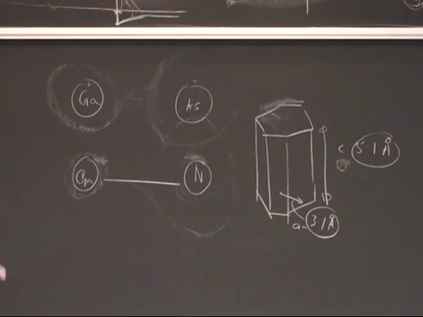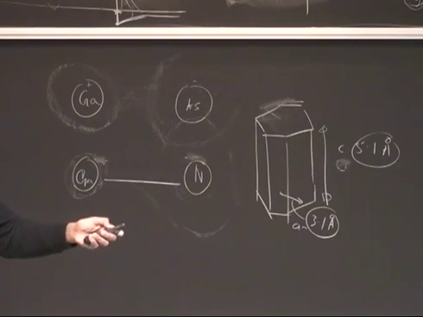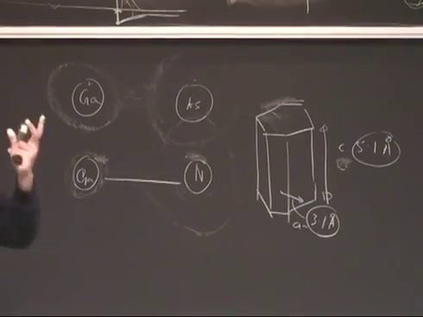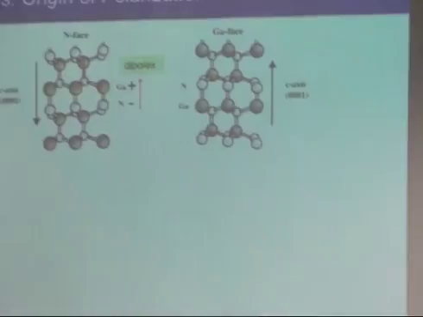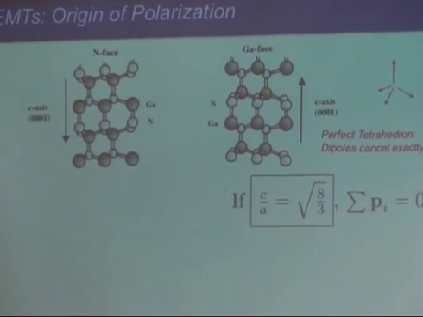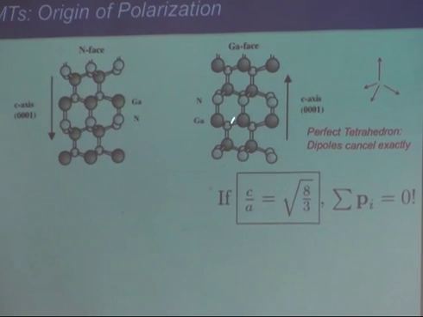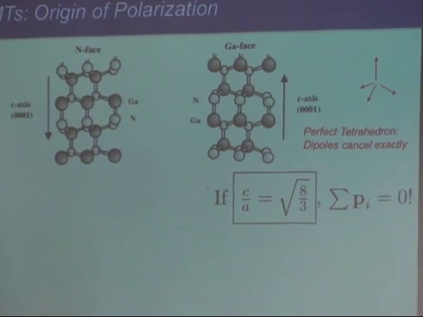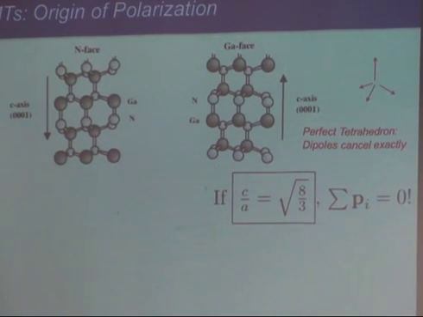So you have these dipoles in every chemical bond, and you can think of it as the nitrogen is slightly negative charge, gallium is slightly positive charge, and this is the little dipole arrow schematically. Now you see that you have dipoles in every chemical bond, and every atom is bonded to 4 others, nearest neighbors.